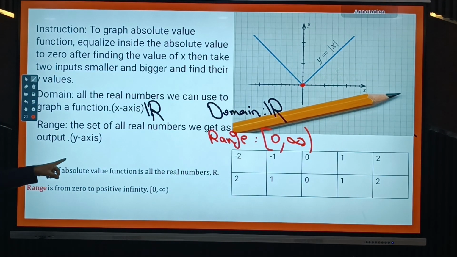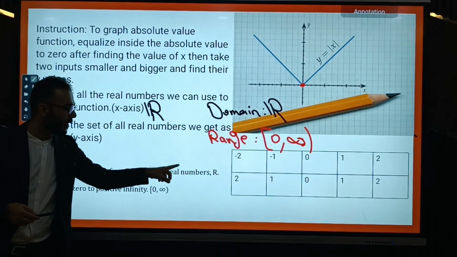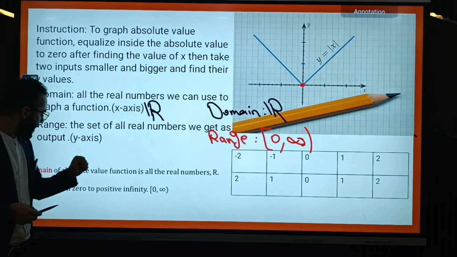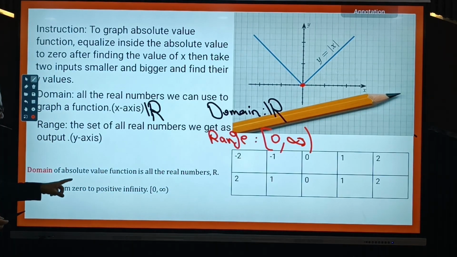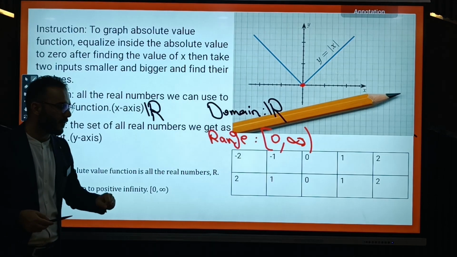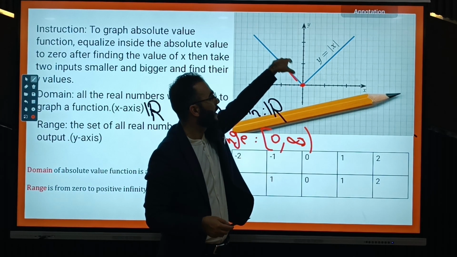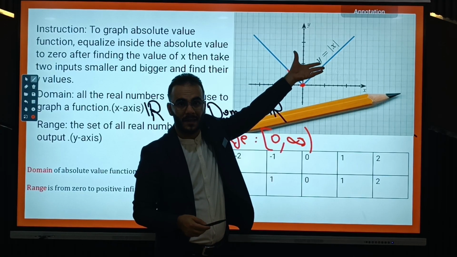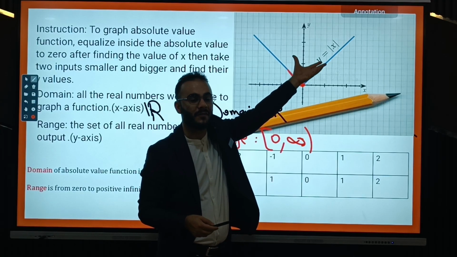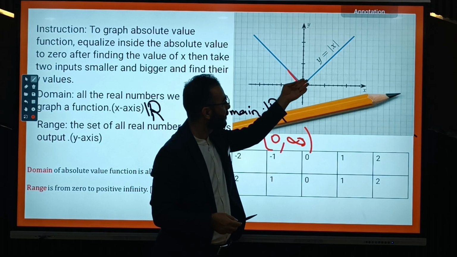So the domain of absolute value function is all the real numbers, which is R. And range is from 0 to positive infinity. This is the range, the y values that the absolute value function can have. Look, we have no negative part.